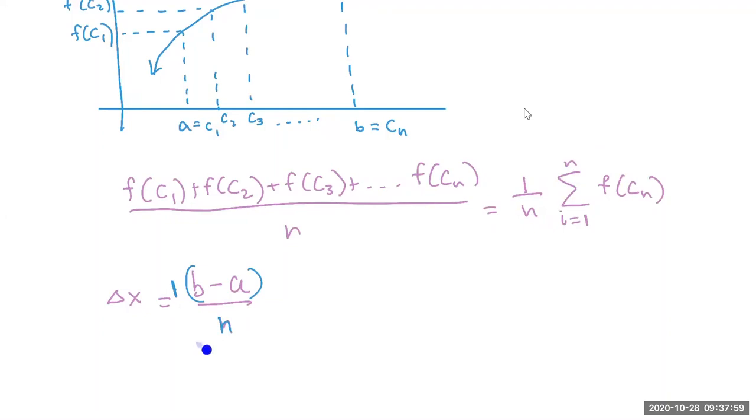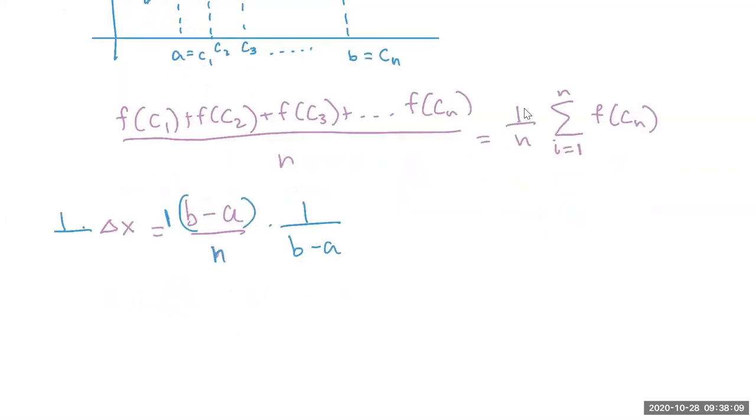So if I were to solve this expression for 1 over n, I would multiply both sides by 1 over b minus a. Okay, so nicely, b minus a cancels out. On the left-hand side, I have change of x over b minus a. On the right-hand side, I have 1 over n.